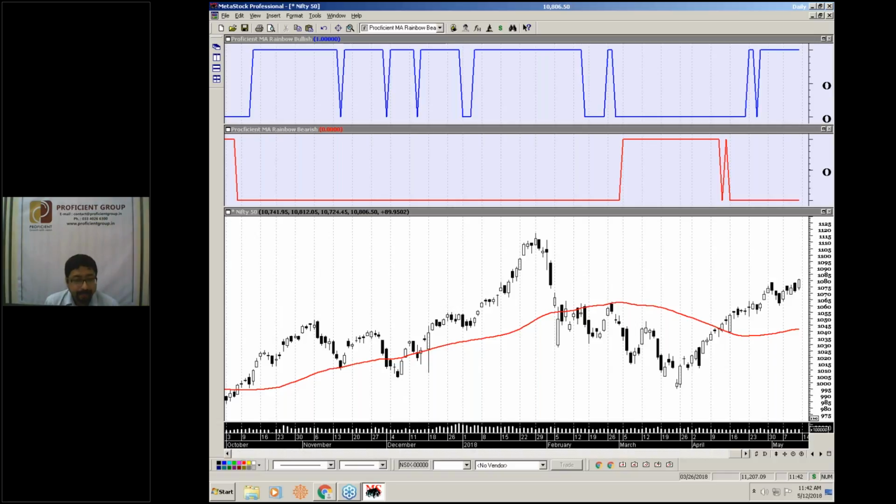We had a very healthy gain yesterday, where the market closed up nearly 90 points, and we closed above the 10,800 level, which is actually above the February highs, right?